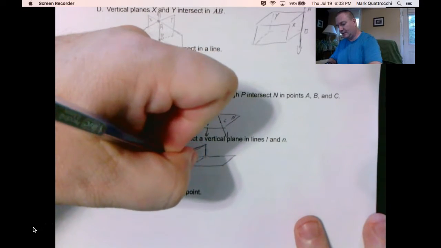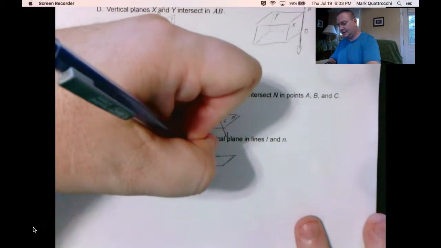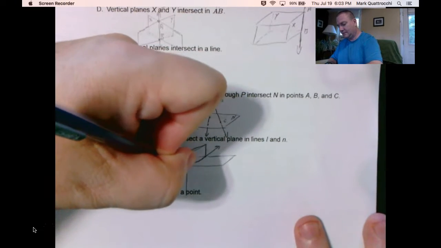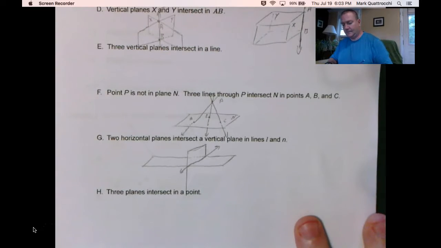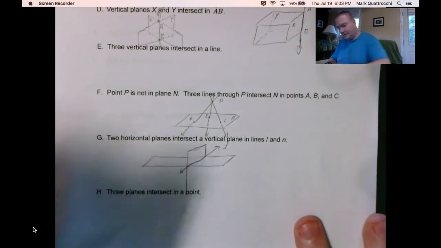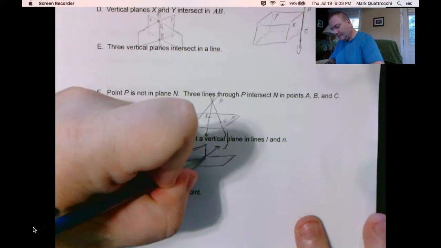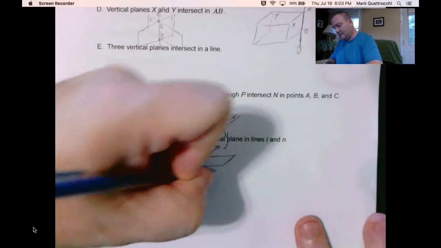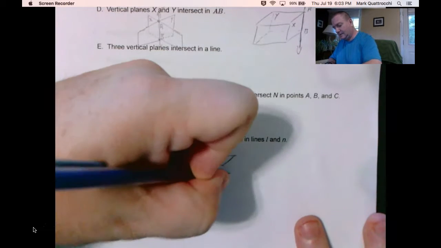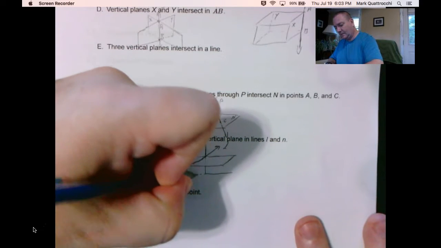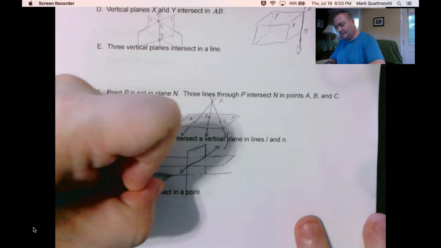This first intersection here is line L. And then I'm going to draw another one. Dotted, solid, until I hit my second horizontal plane.